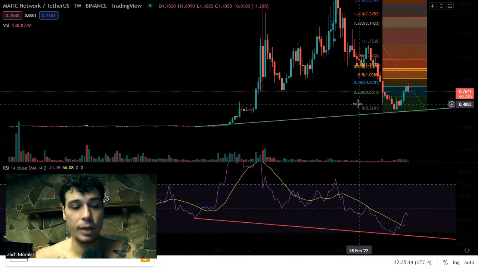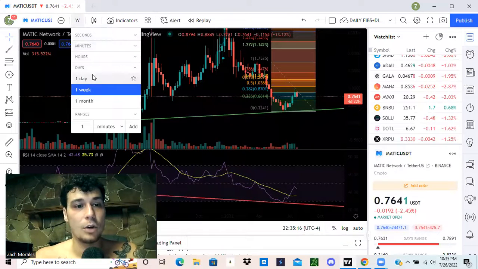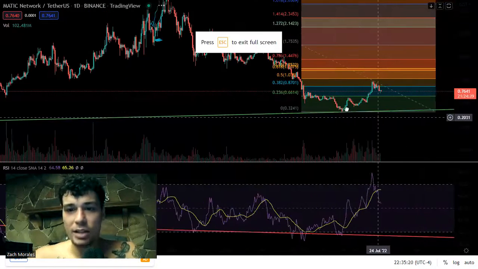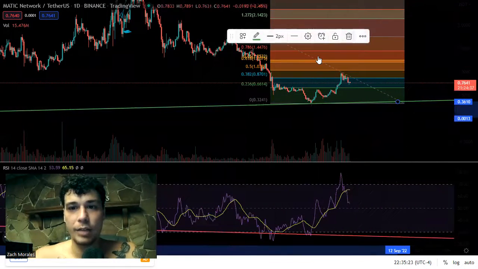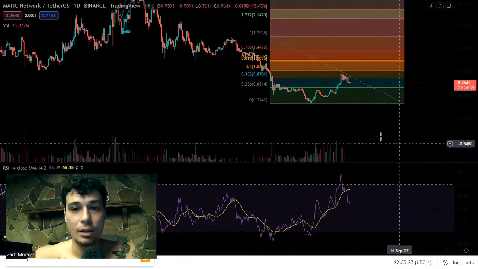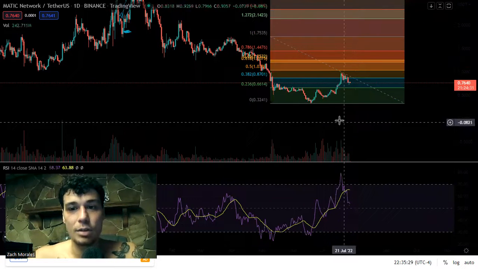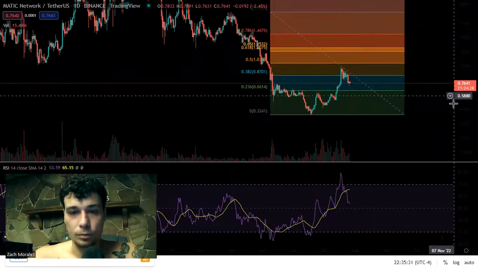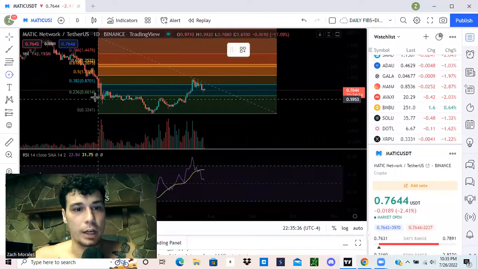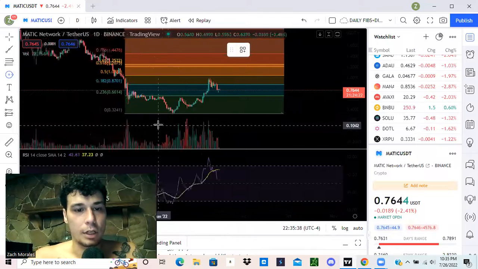So we're going to zoom in and go to the daily chart real quick. And we've got our price levels up here. I'm going to go ahead and get rid of that green trend line and this red one here, and we're going to discuss the bullish divergence that I was speaking of. Let me draw some circles on the chart for you guys.